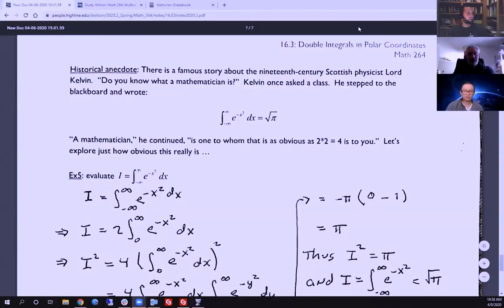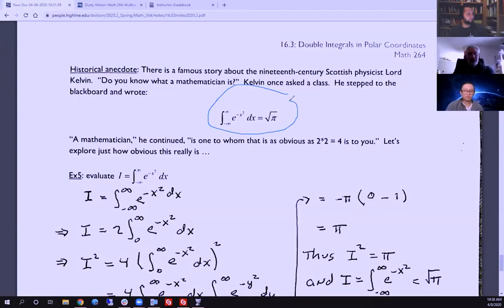He says, a mathematician is somebody for whom this statement, that the integral from negative infinity to infinity of e to the negative x squared dx equals root pi, is as obvious as 2 times 2 equals 4 is to you. He's like, all right, calculus 4, you think you're mathematicians?